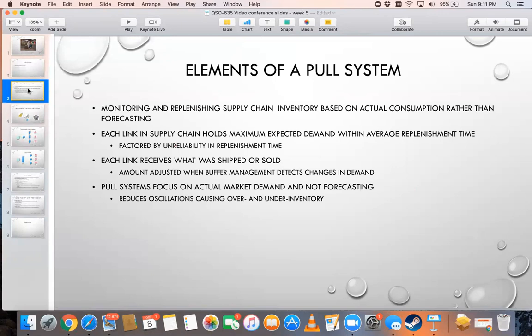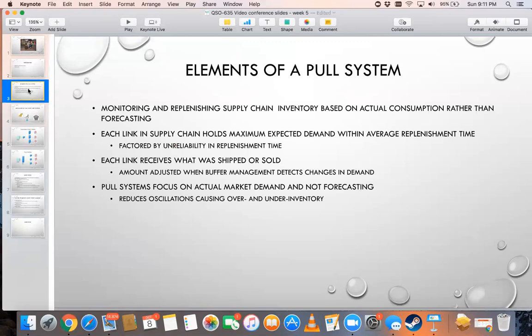Whereas if you use EOQ and your EOQ is 800, now you've got to figure out how that reflects my forecasting. If I consume 1,000 a month and my optimum is 800, then I'm going to be sending one, and now I have to worry about sending a partial batch to cover the other 200.